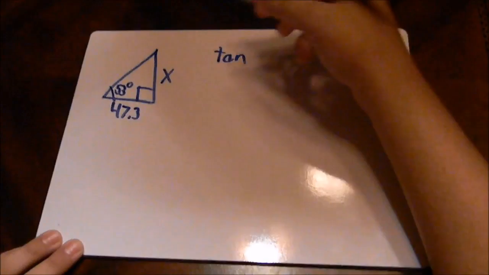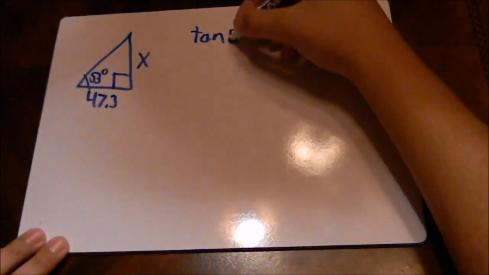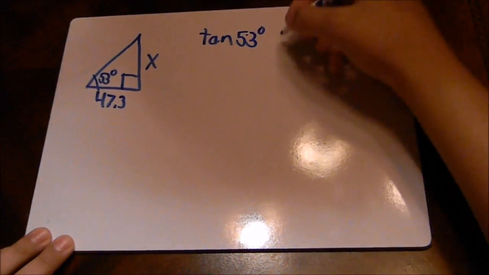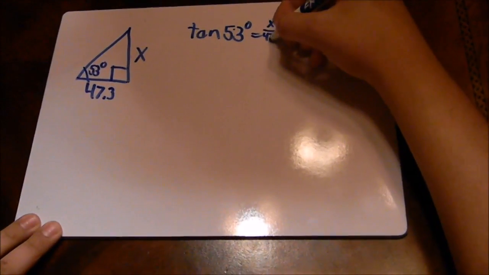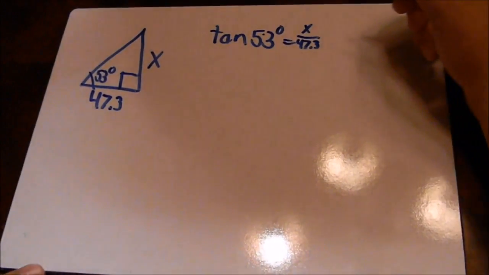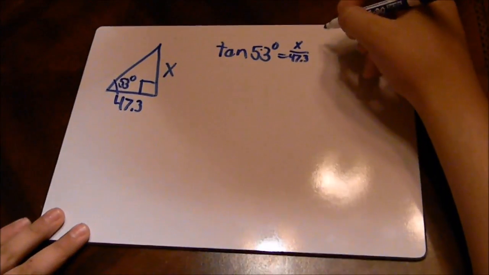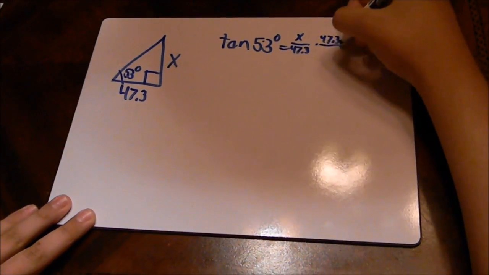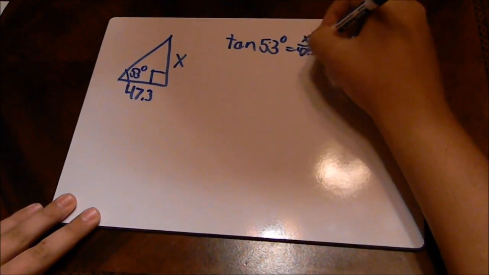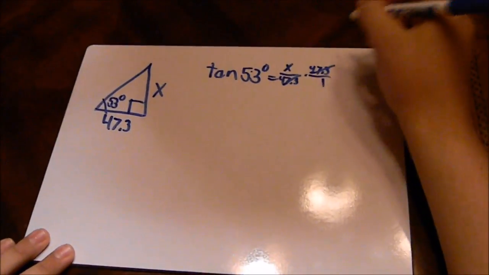So, it would be the tangent of angle 53 degrees, which would equal opposite, which is x, over the adjacent, which is 47.3. So in order to solve this, we're going to have to multiply both sides by 47.3. So that would make these cancel out, leaving us with just x on this side.